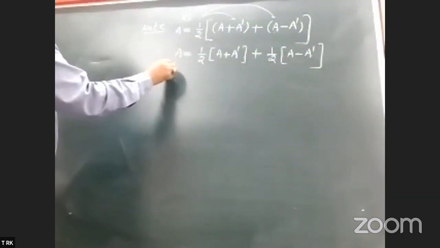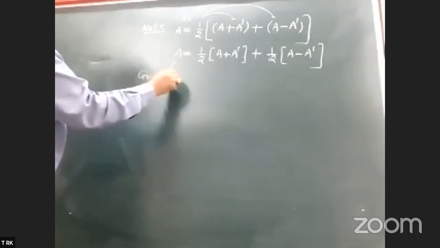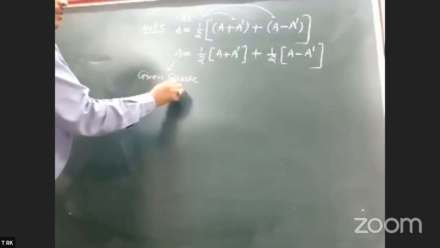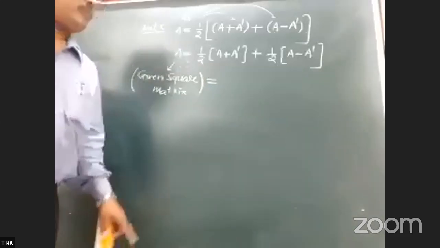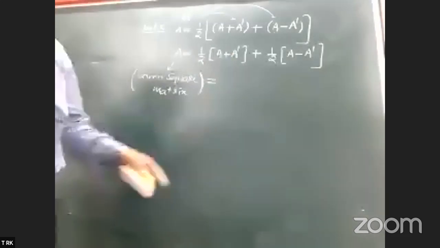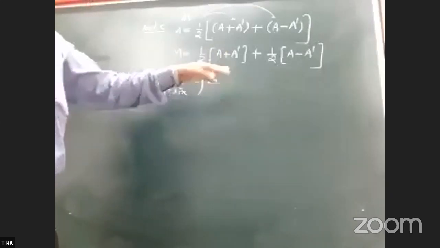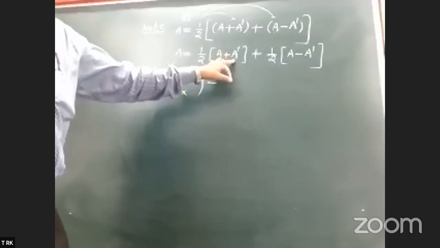So if you take A is given square matrix, what about A plus A dash here? Previous example noted. For any square matrix, A plus A dash is always symmetric matrix.